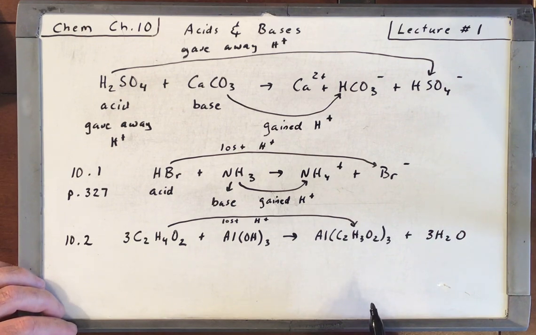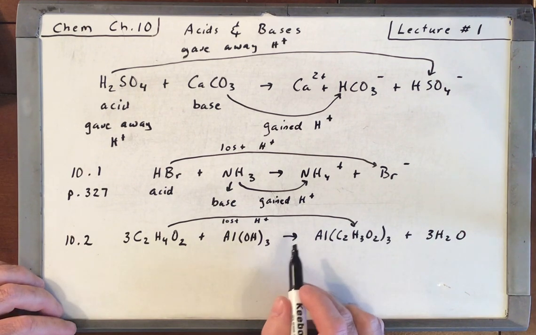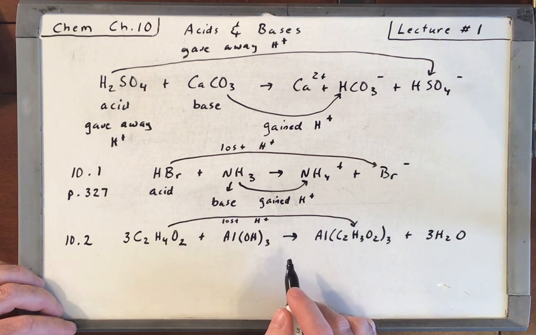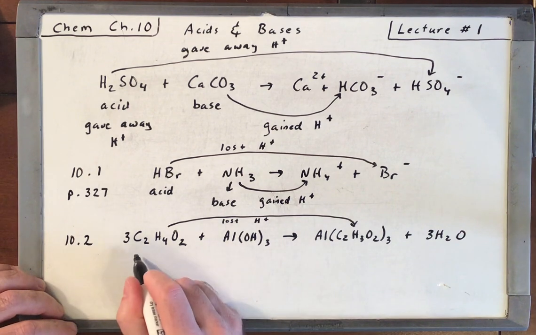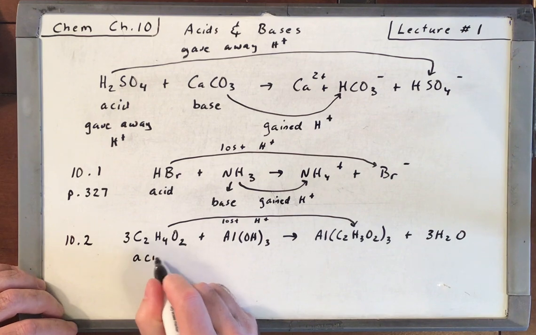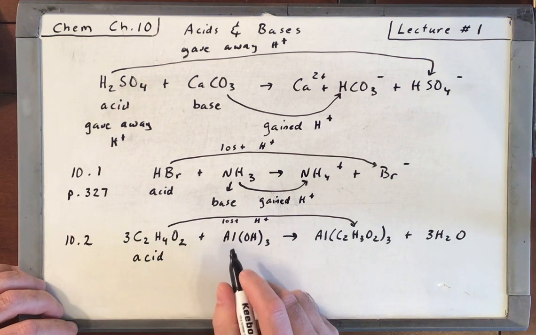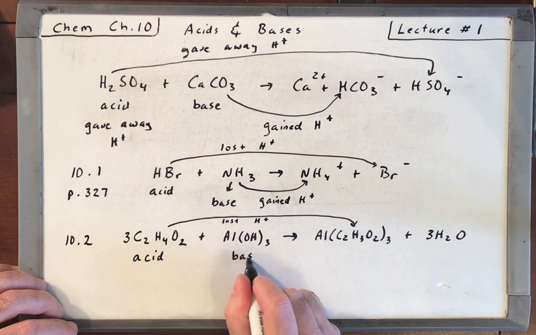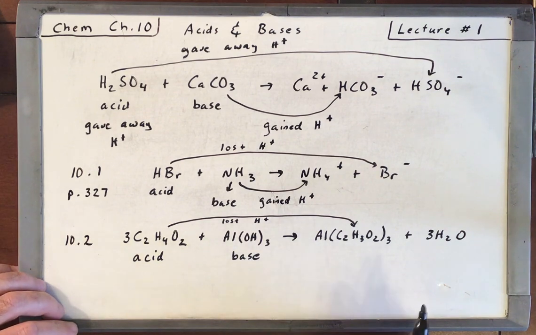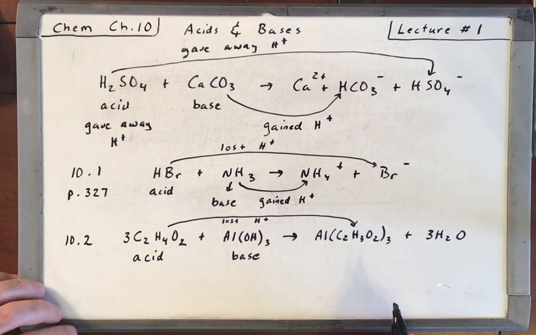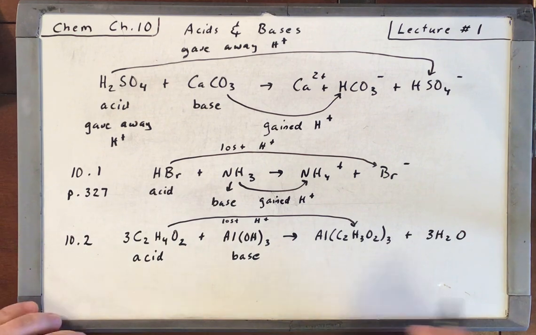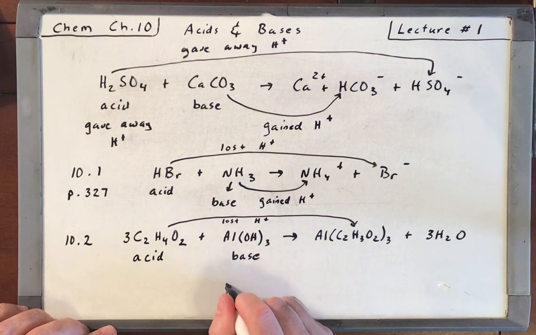Once you figure out which one's the acid, you know the other one is the base. So this is the acid, C2H4O2, and here we have the base. Really a pretty simple process: just follow the hydrogen.